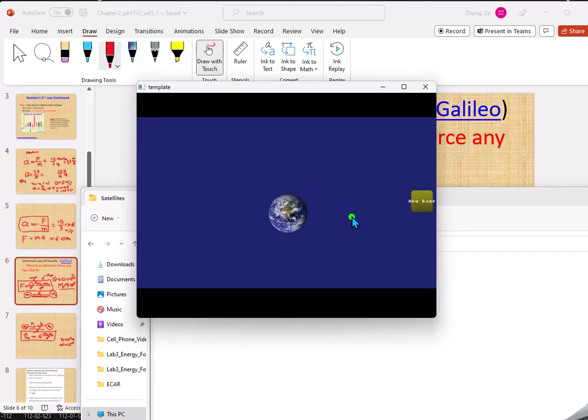So this game is interesting. If you go very slow, Newton's first law says I want to go in a straight line. But there is a force, therefore I will accelerate towards the force. So if you go very slow, then it will crash into the Earth. There are three situations.